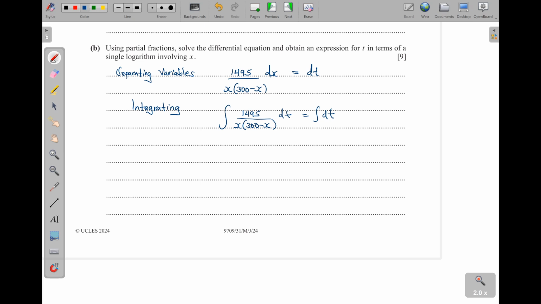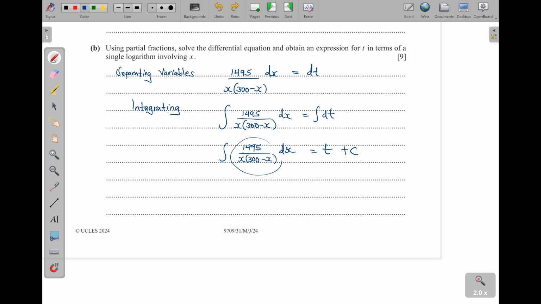Automatically, the one on the right will go to a t. Here I have dx, and here we shall have a t, then plus the constant. We don't know the constant which disappeared when they differentiated, so we need to put that c back.